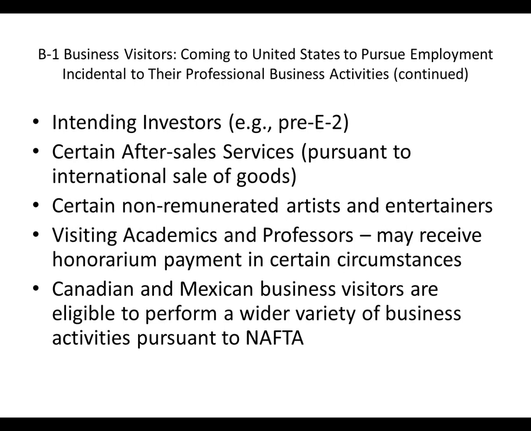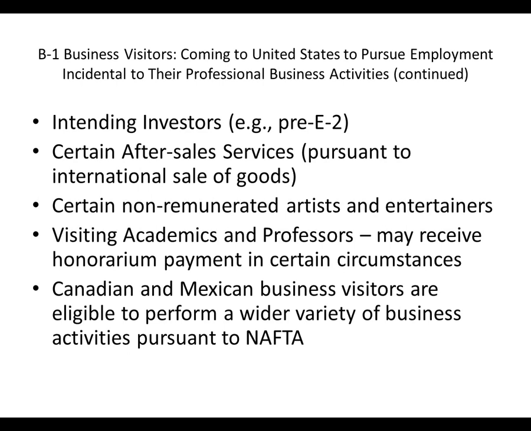Certain non-remunerated artists and entertainers. So individuals coming to the U.S. to perform who will not be paid. Now, perform. If an artist is coming to the U.S. to perform on a stage, and that stage is a public venue or one to which people can buy tickets, and they will be paid for that, as an example, then the appropriate category is something else other than the B1.